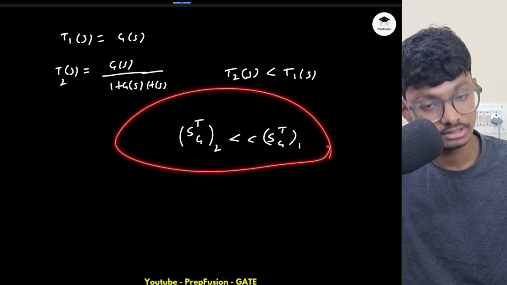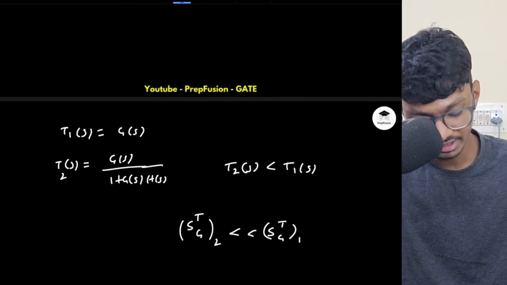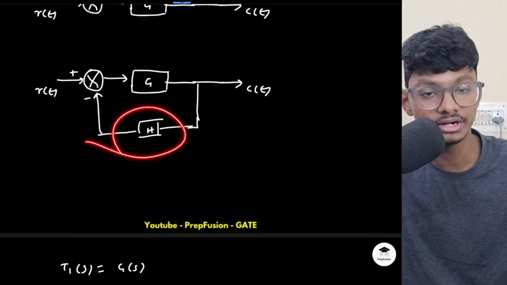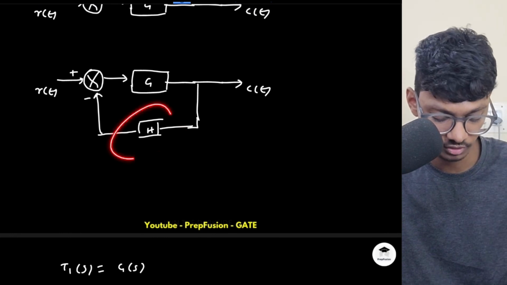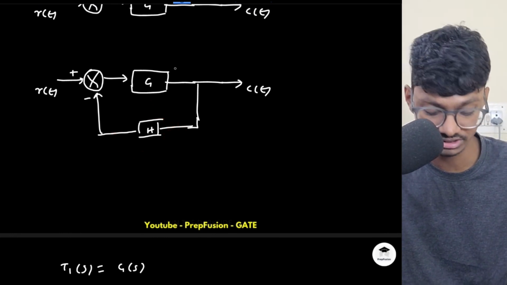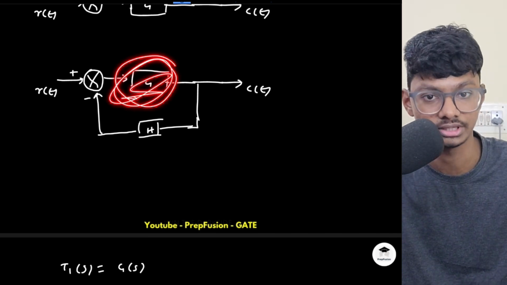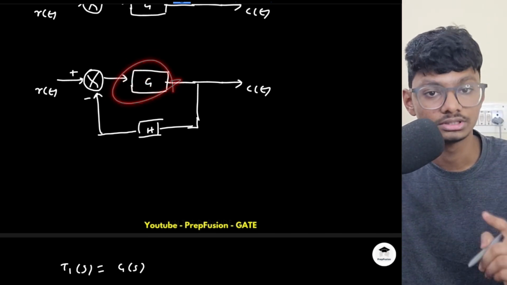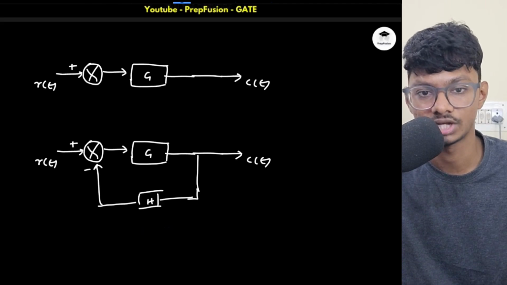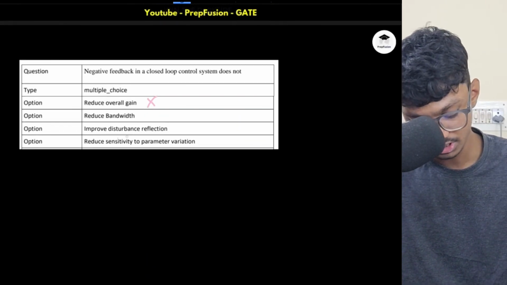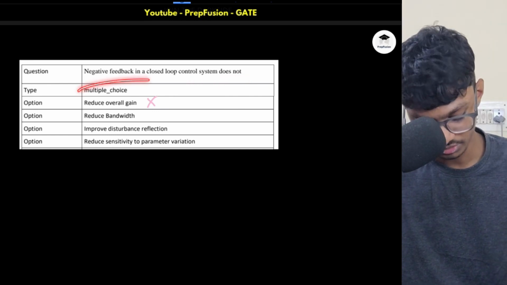So obviously it reduces the sensitivity. That was the main reason for us to use a feedback system, to reduce the sensitivity dependence on the transfer function G. If there is some variation in this G, it should not vary our output. That was the main reason for using the closed loop system, negative feedback.